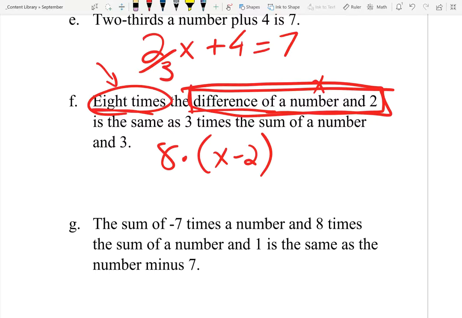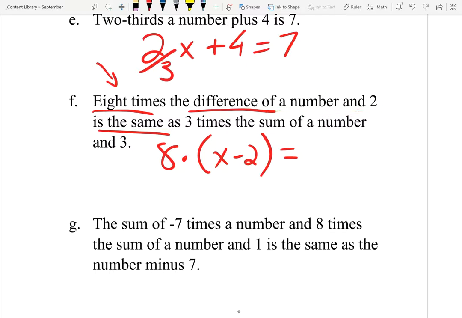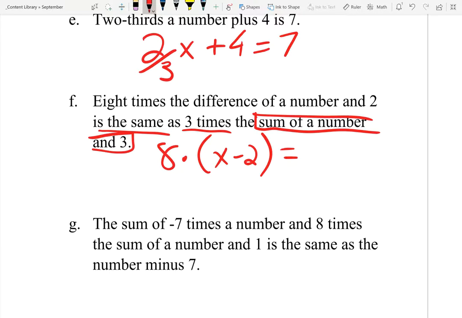Now, is the same as means equal to 3 times the sum of a number and 3. So again, we're doing 3 times, but we're not doing 3 times something by itself. We're doing 3 times another group. 3 times the sum of a number and 3. So let's focus our attention on that.